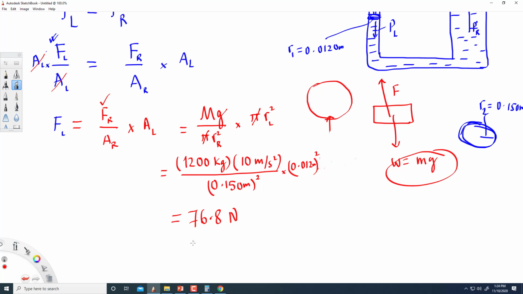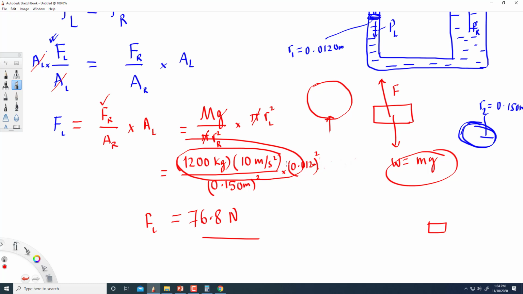So this is the force, but if you want to put some mass here, how much mass will you need? You will need only about 7 kilogram. So by putting about 7 kilogram of mass, you can lift a 1200 kilogram car. That's the magic of physics. Just by applying this small amount of force, you can lift so much weight.